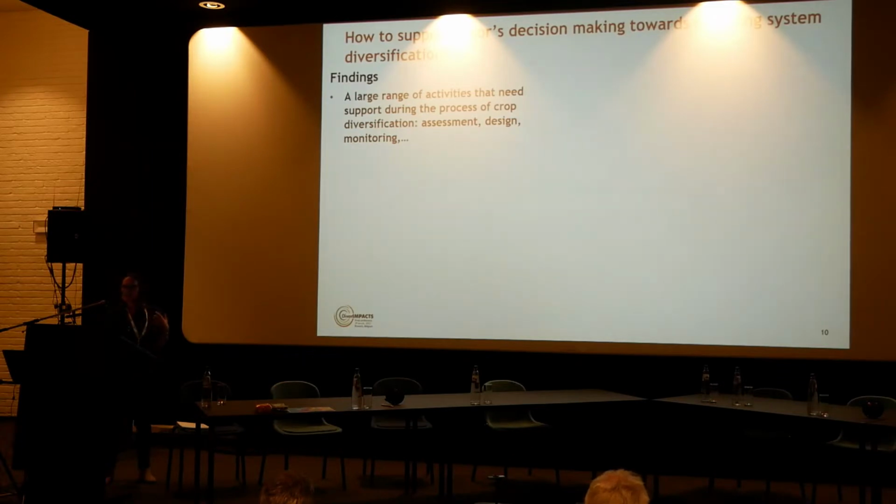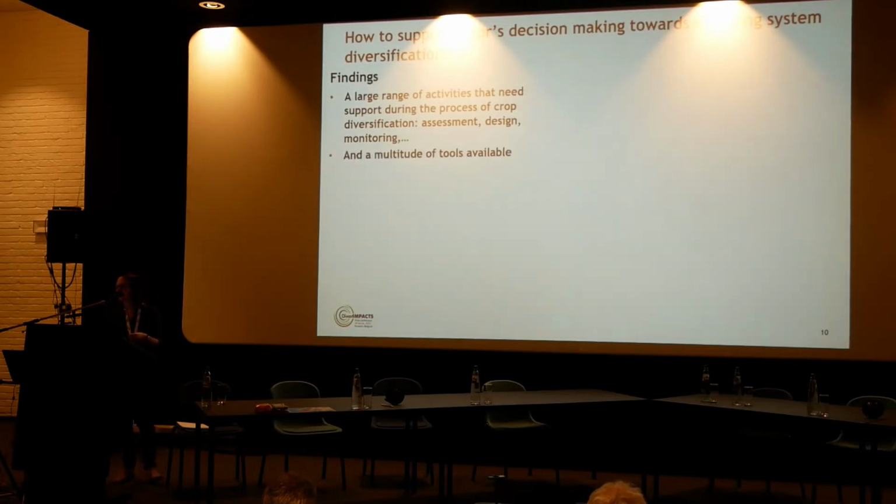So as highlighted by case studies, the process of diversification can require different kinds of activities that need support during the different steps of the diversification process. It can be assessment, design of a cropping system, mobilization of references, consultation of inspirational examples, and so on.